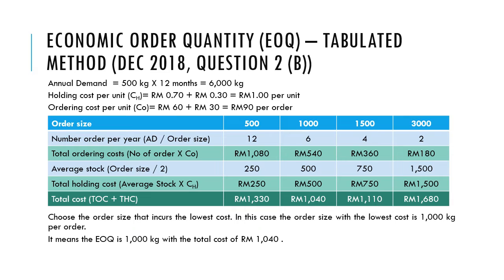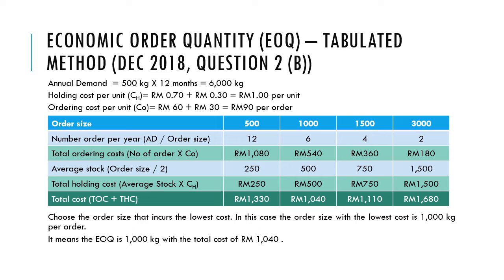For the tabulation method, I would suggest you follow my format for a simpler and more understandable format as opposed to the textbooks. But first things first, you need to calculate the annual demand. In order to calculate EOQ, identify first your annual demand, and it must be the material, not the product.